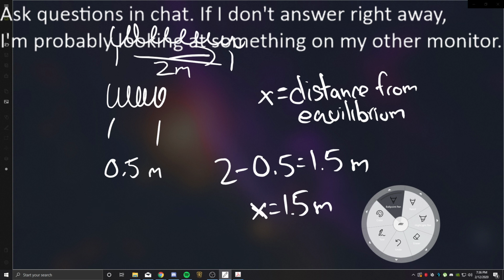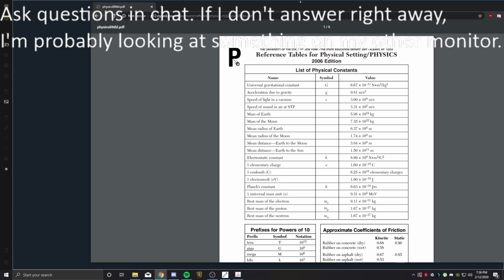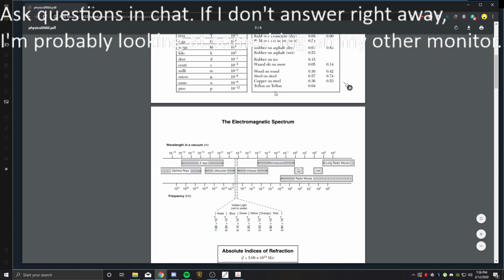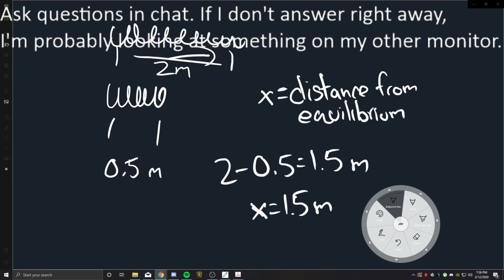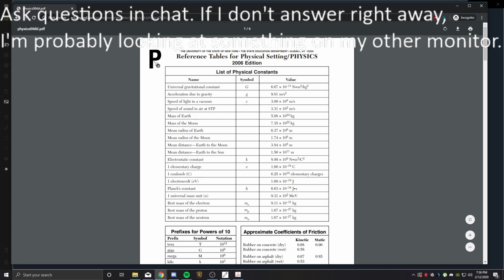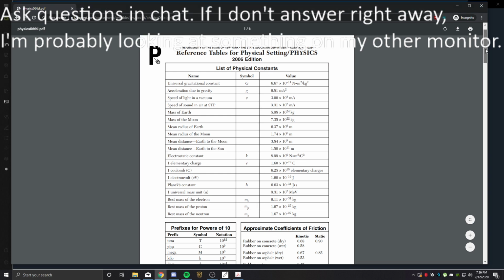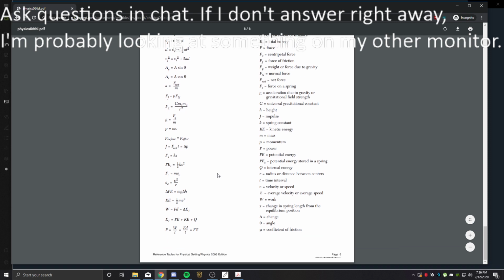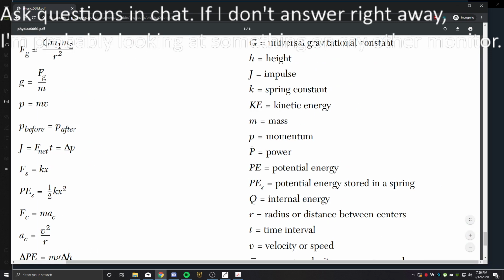All right, let's go over the reference table, all the formulas. Let's make this bigger.